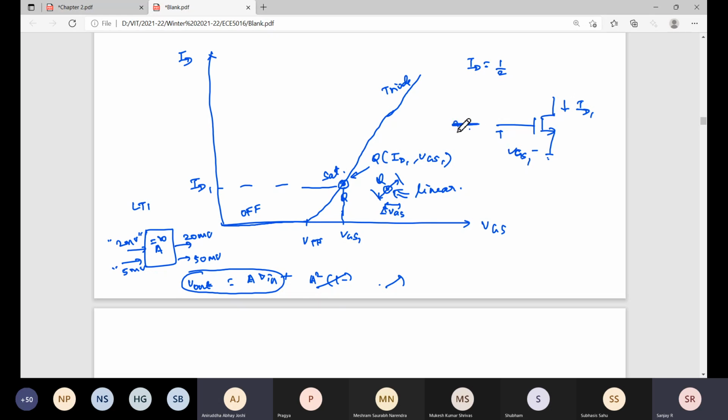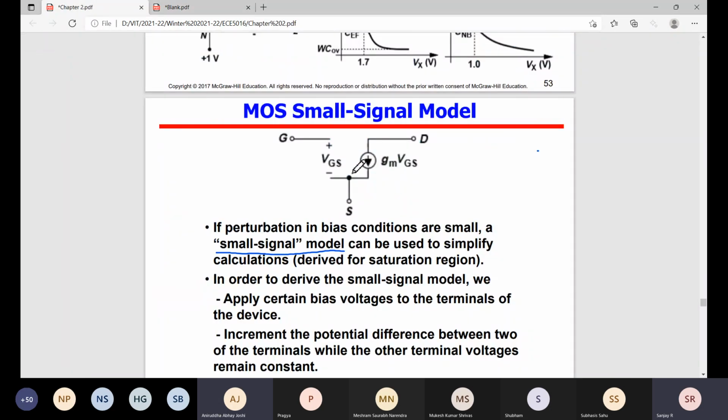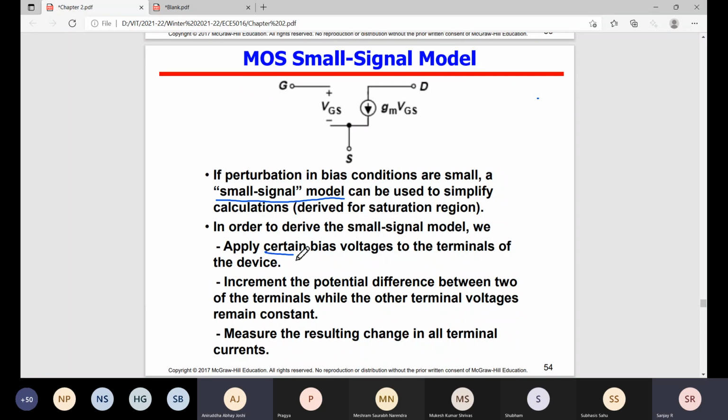What will happen to the behavior, with respect to the bias point? That is called small signal. Once the bias point is fixed, we can model the transistor using the small signal model. Apply a certain bias voltage, then increment a very small signal and understand the behavior.